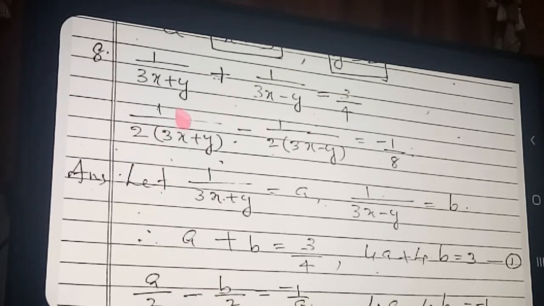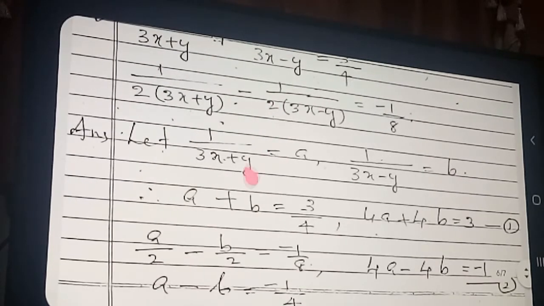And here 1 by 3x plus y you take as A, so A by 2 will come. Here 1 by 3x minus y as B, so B by 2 will come. Here you want to see properly. Okay. A by 2 minus B by 2 is equal to how much? Minus 1 by 8.